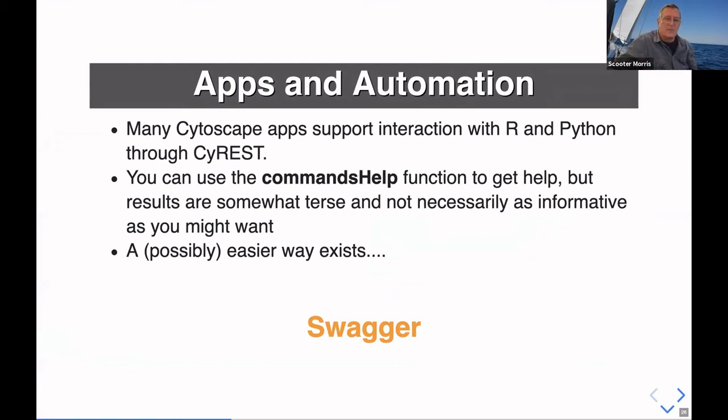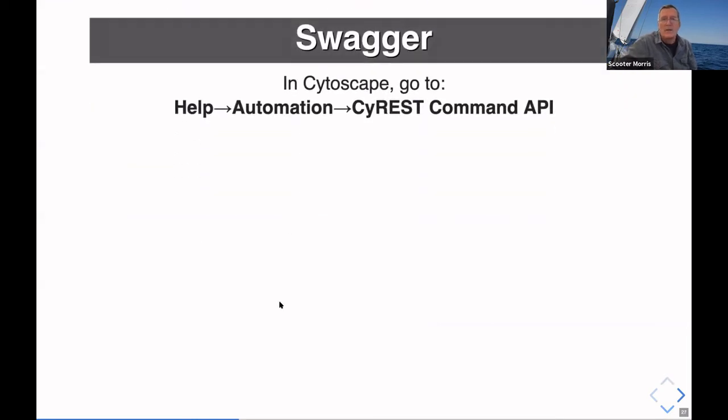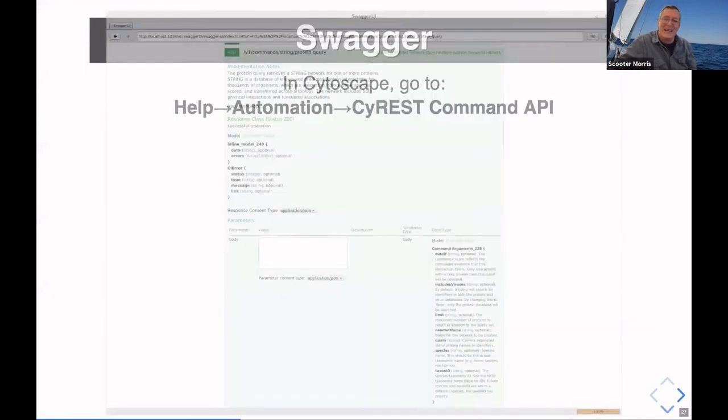Be aware that as part of this web interface that Cytoscape provides, it also provides something really cool called Swagger. And with the Swagger, if you go to Help, Automation, CyREST command, and those of you who are still working on your install, don't do that now, let that complete. But you'll wind up with this page.